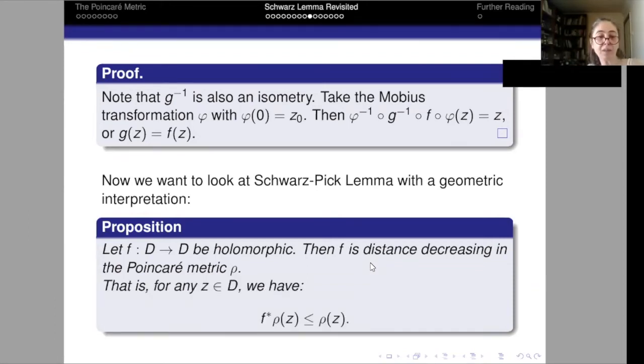What does this mean? This means that for any z in the disk, the pullback of the Poincaré metric with respect to our holomorphic function will be less than or equal to the value of the Poincaré metric at the given point.